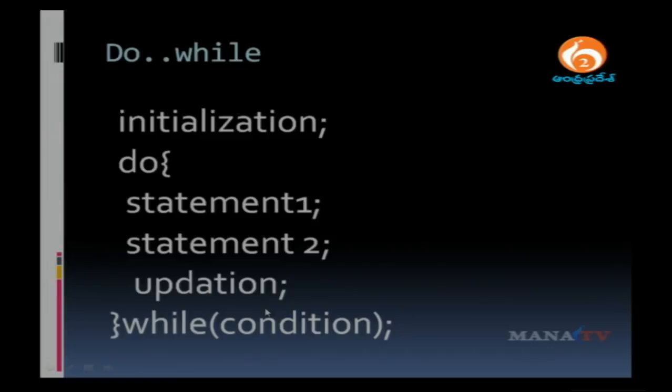So this is the syntax for the do while loop: do, statement 1, statement 2, updation, while, condition. First the statements are executed, then only the condition is checked.